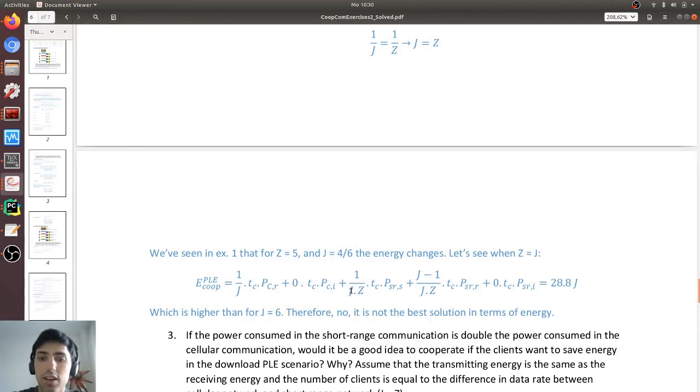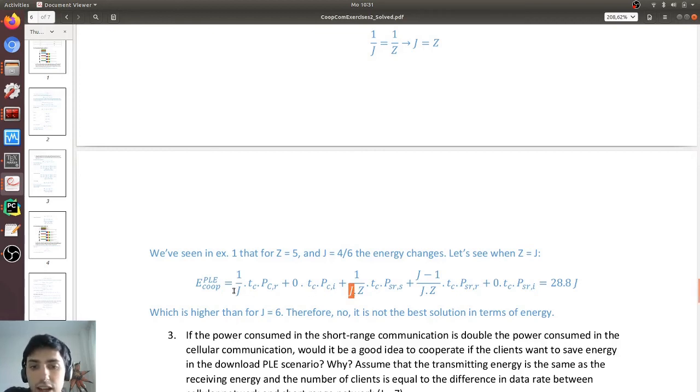So this would be like z squared, j squared, z squared, j squared. We can test it, for example, for j equals 5, j equals 6, or something like this. In this case, since z was equal to 5, we are just going to do exactly the same with j, so j is going to be equal to z, which is 5.